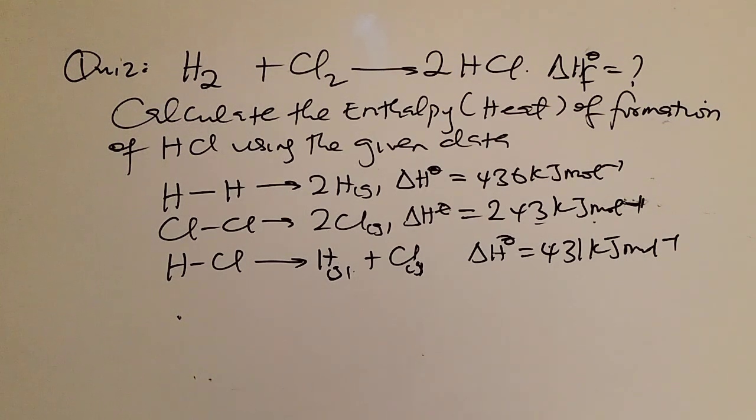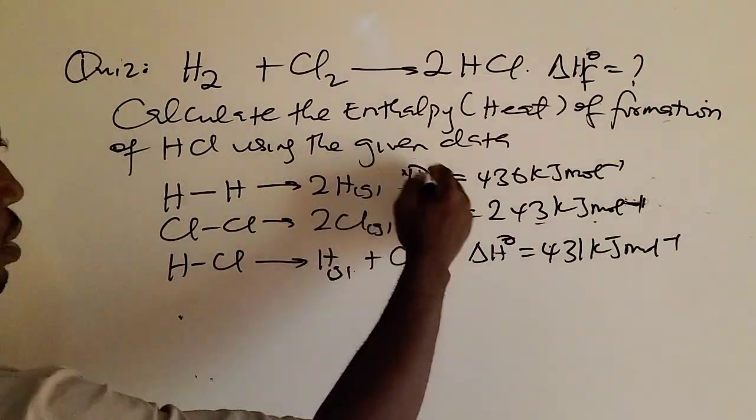The question says calculate the enthalpy or heat of formation of HCl using the given data. And then we have the dissociation energy of the molecules given to us, which I should write as D.